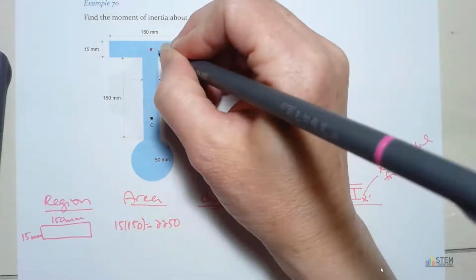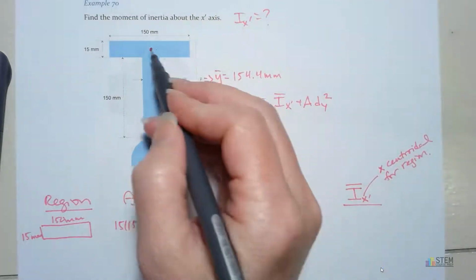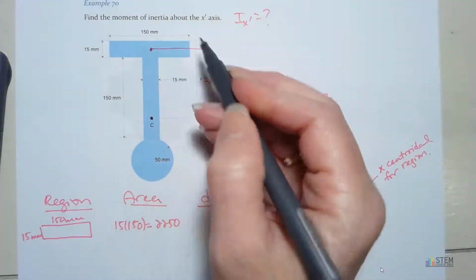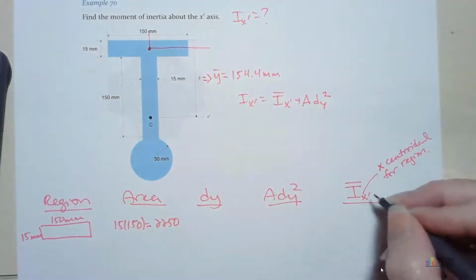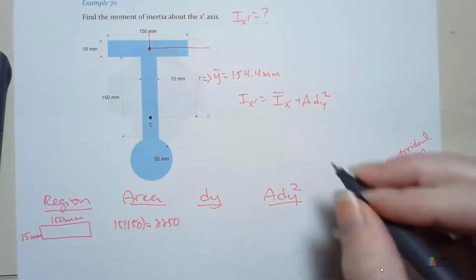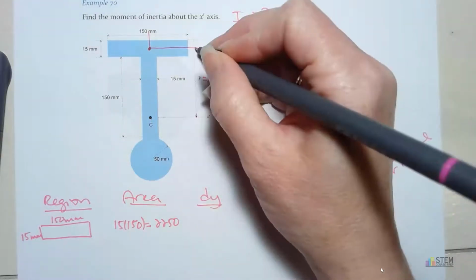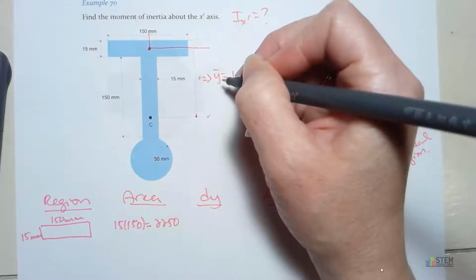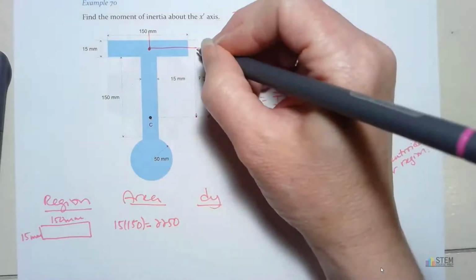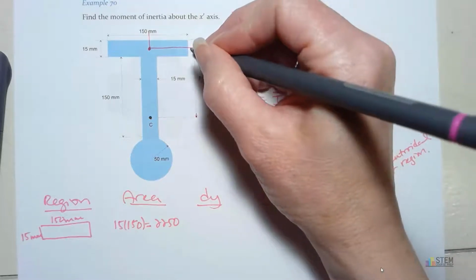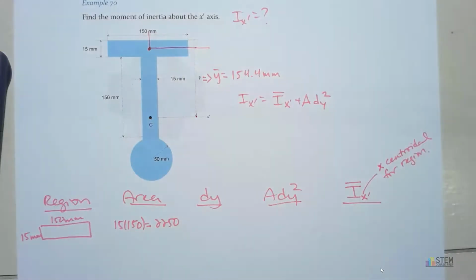So let's label this one. This is the centroid location for this rectangle. So it's got an axis here. And what we want to do is we want to find this distance from here to here. All right. Now, if this is 15 millimeters, we know then that this distance here has to be 7.5.